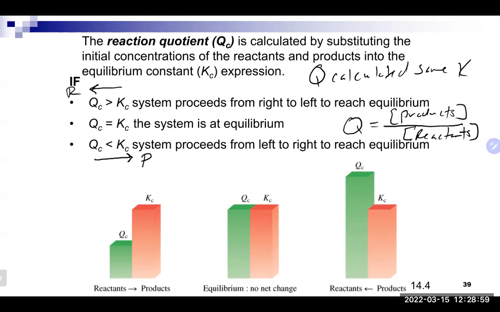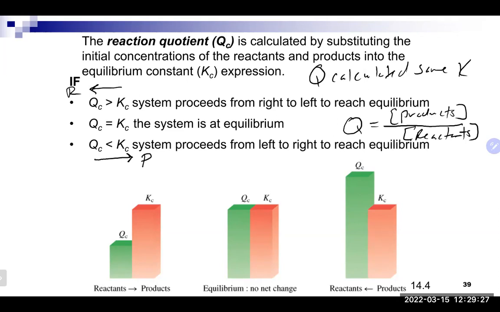Now, clearly, because Q is products over reactants and is calculated the same as K, in order to calculate Q, you do need everybody's concentration or pressures. Obviously, if they are not given to you, there's no way to calculate Q. We will see Q pretty much in a couple of places. One place is, like I said, just a straight Q problem, where they want to know, are you at equilibrium, and which way you need to go to reach equilibrium.